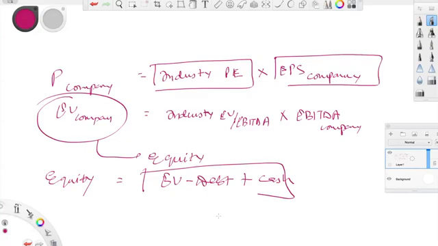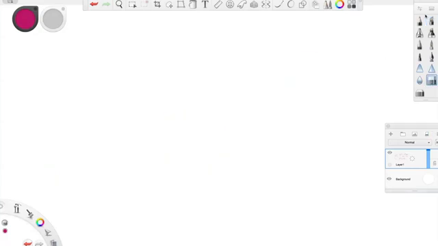Let's see the screen. Right. All right. So let's quickly understand DuPont analysis.